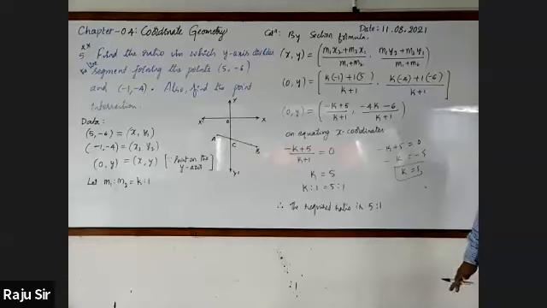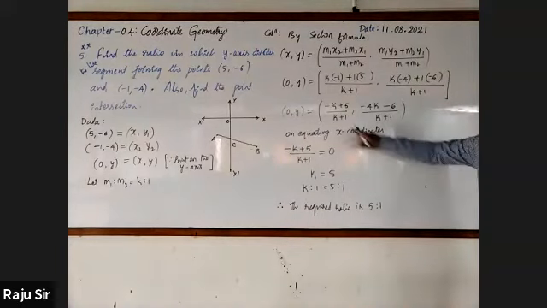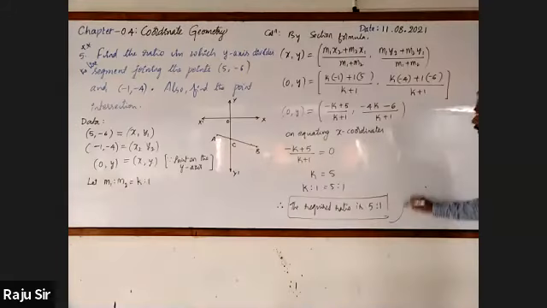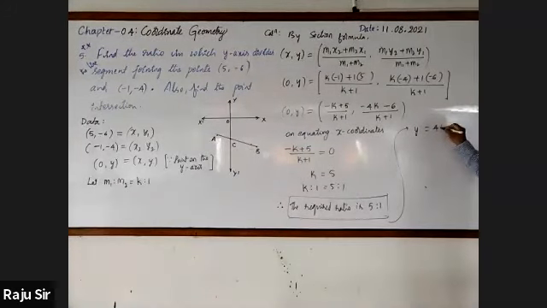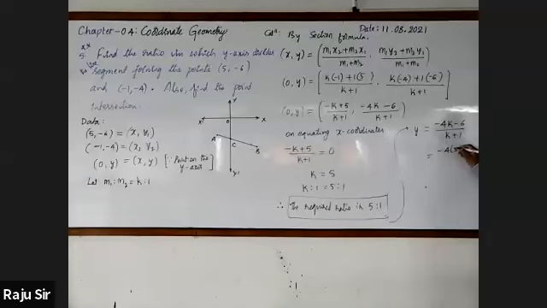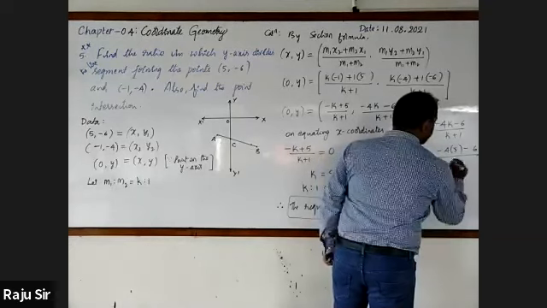How do you find it? We need the y value, since the ratio is done. So y equals (-4K minus 6) by (K plus 1). The K value is already known, substitute that: (-4 into 5 minus 6) by (5 plus 1).